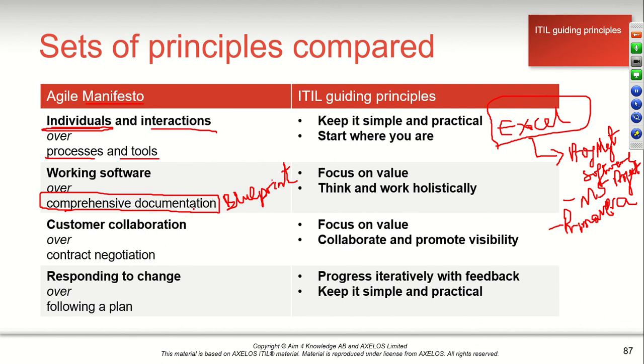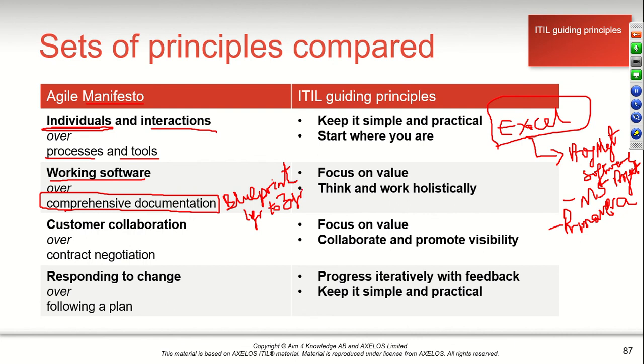A comprehensive documentation of all the features that are expected, the features they are going to use now, and the ones the company may not use until three years' time. Comprehensive. And the Agile manifesto says we prefer working software rather than documentation. Comprehensive documentation many a time will result in software taking one year to sometimes three years before it can be implemented.